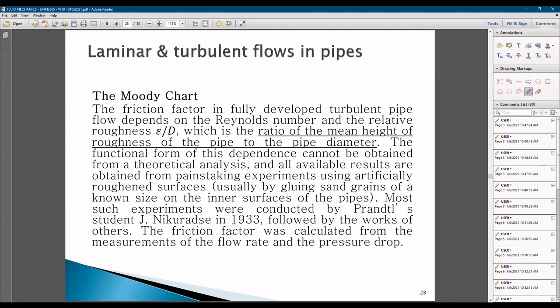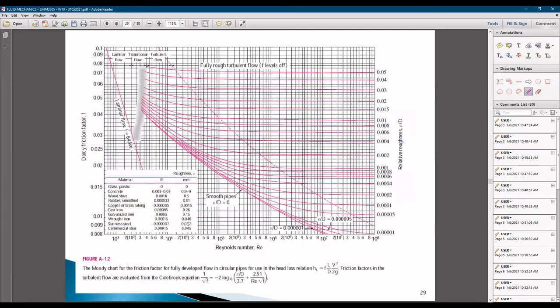The friction factor was calculated from the measurement of the flow rate and the pressure drop, and this is the relation that you can see between the friction factor and the Reynolds number. What you can see here is that as the Reynolds number increases, the friction factor reduces.